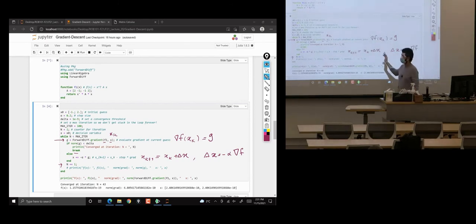Now, I ran it yesterday, but I think it takes unusually longer when I'm in class. I don't know why. The first block is still running here. Now, if you run it, you will see that it takes 43 iterations to converge.